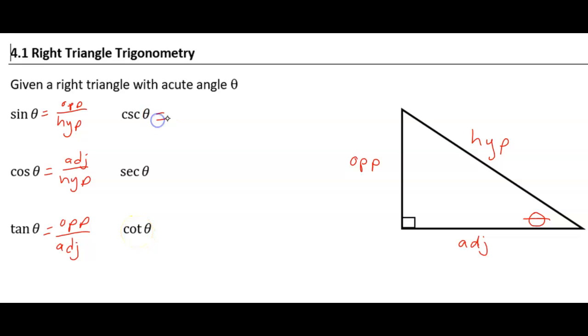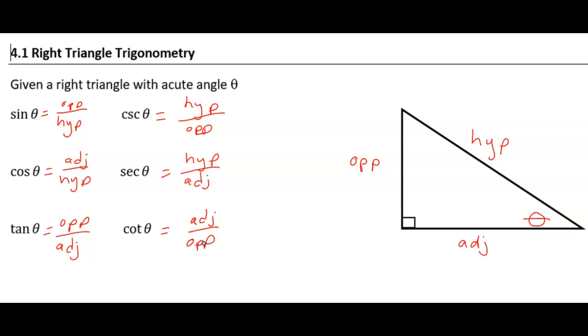So cosecant is defined as hypotenuse over opposite. Secant is defined as hypotenuse over adjacent. And cotangent is adjacent over opposite.